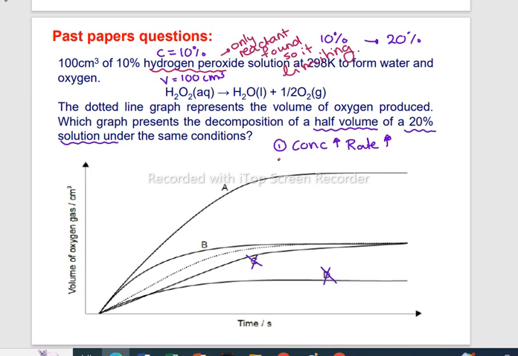Now let's go to the second question, the ending part. What happens to the ending of your curve? Okay, think about the mole and try to find whether the mole will be changed or not.